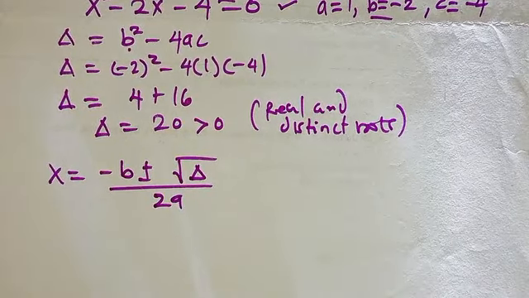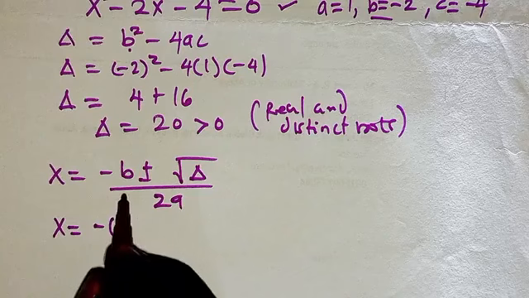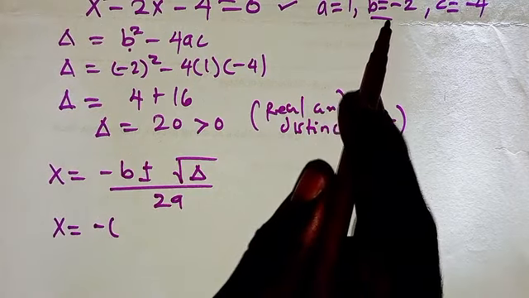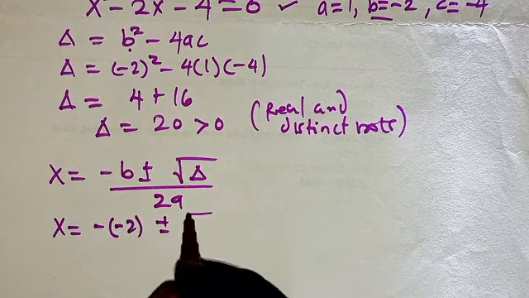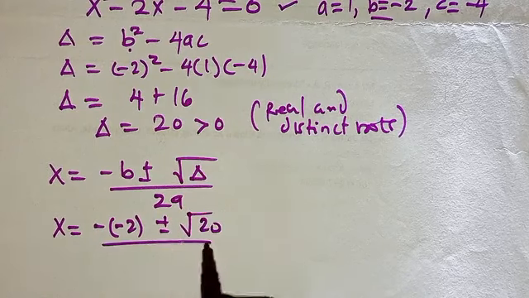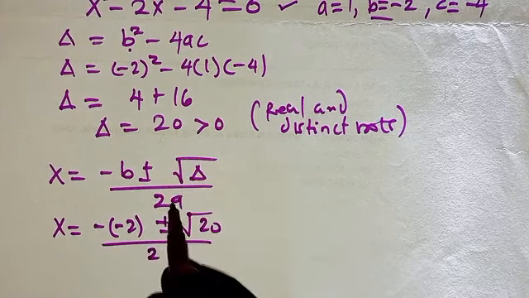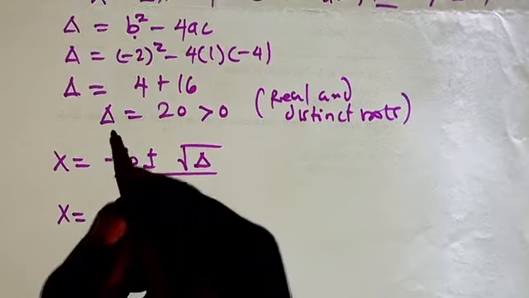So we have x equals minus of minus 2, b being minus 2, plus or minus the square root of 20, divided by 2 times a, which is 1.